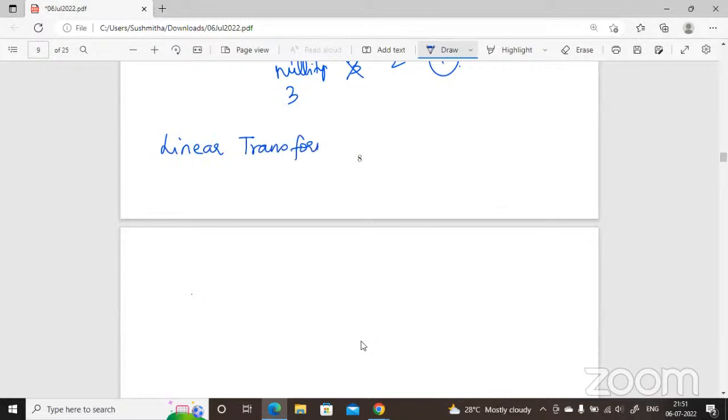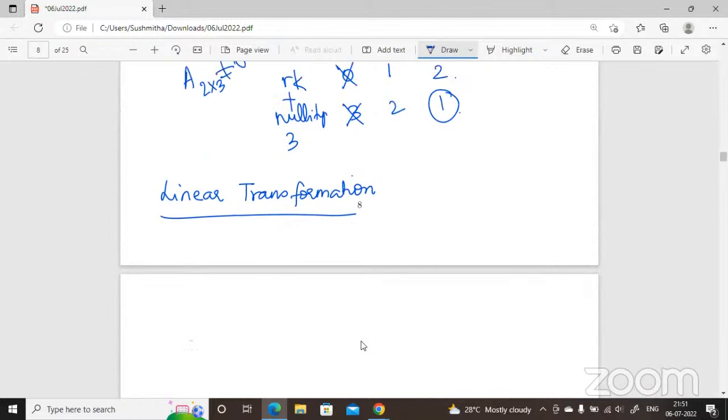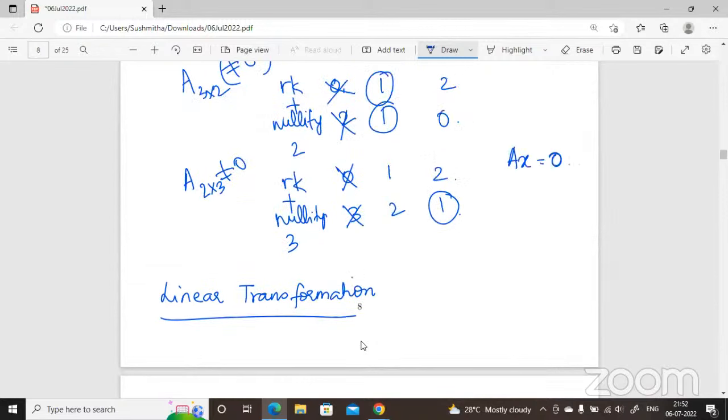Okay, thank you. Actually, one small thing. Whenever we have a non-trivial solution, it must have infinitely many solutions. What does this mean? Okay. So you have Ax equal to 0, and you have a non-zero solution. There is an x which is not equal to 0 satisfying this, right? Then what about alpha x? Is alpha x 0? x is non-zero and alpha is any number, so alpha x is not 0.